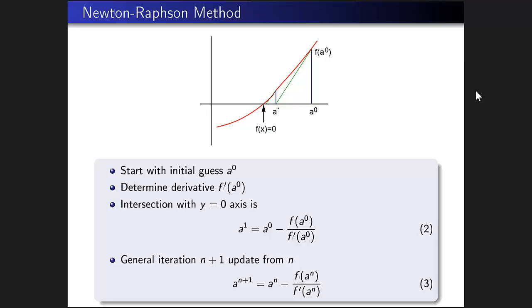The way that you update the parameters is that you take the previous parameter and you subtract the function evaluated at that previous parameter divided by the derivative. And so for a general update, for any step n plus 1, you take the previous n, you determine the function divided by the derivative at that n.